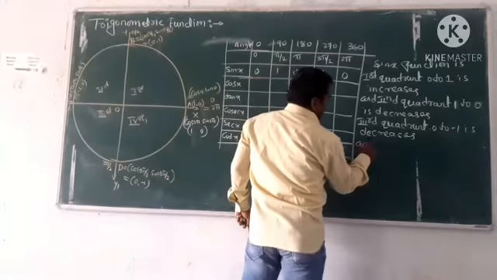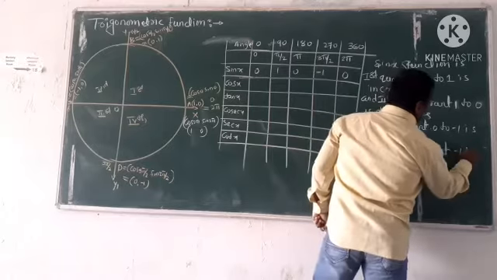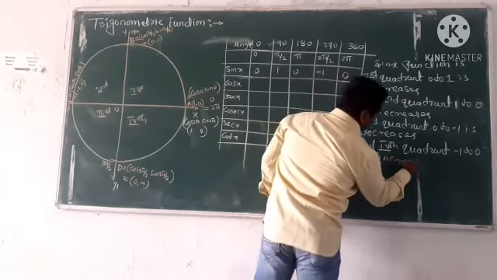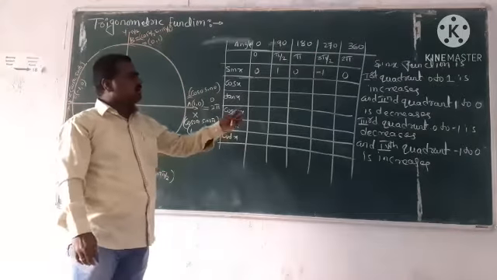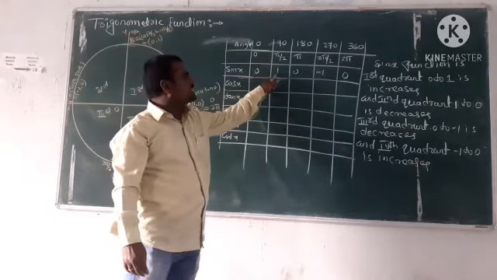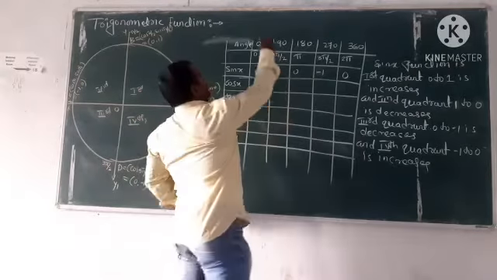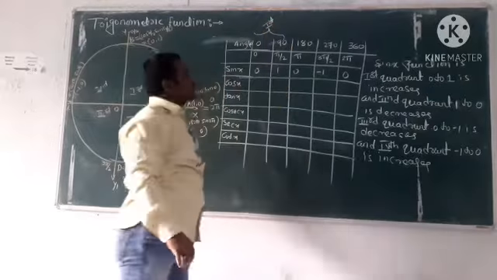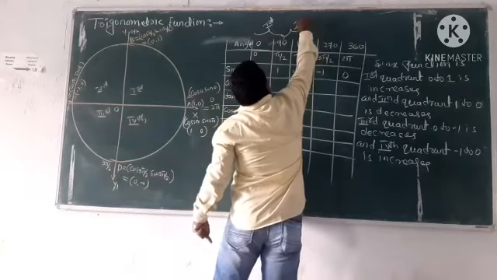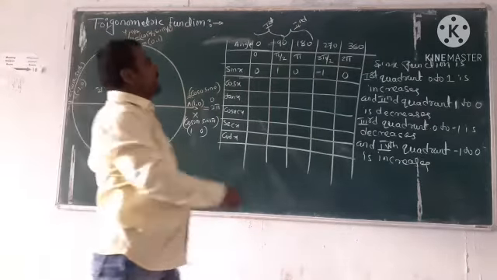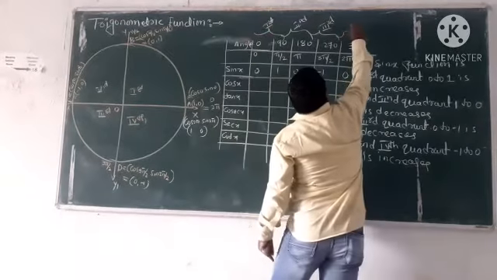And lastly the fourth quadrant, -1 to 0, is increasing. So for the sin function: first quadrant increases, second decreases, third decreases, fourth increases. From 0 to pi by 2 is the first quadrant, pi by 2 to pi the second, pi to 3 pi by 2 the third, and it is a complete rotation at the fourth.